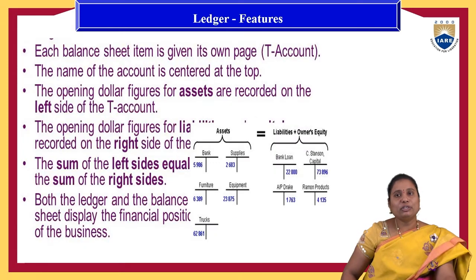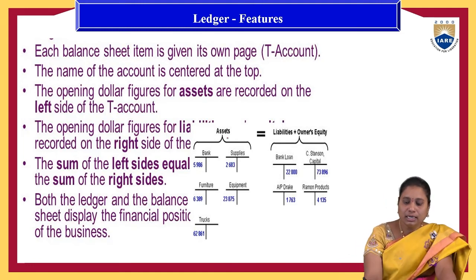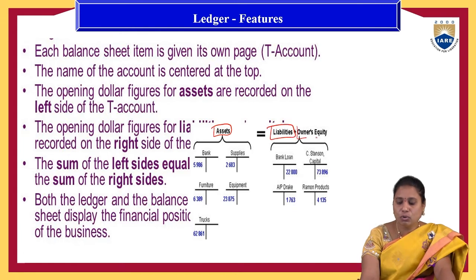If we observe the features of the ledger account, each balance sheet item is given its own page, in a T shape. We know the accounting equation: assets, liabilities, and ownership.